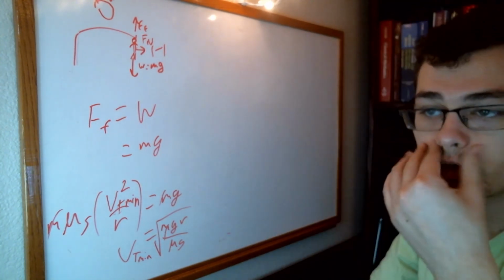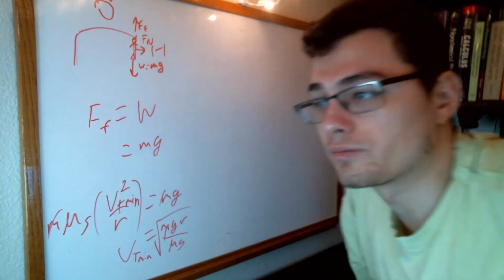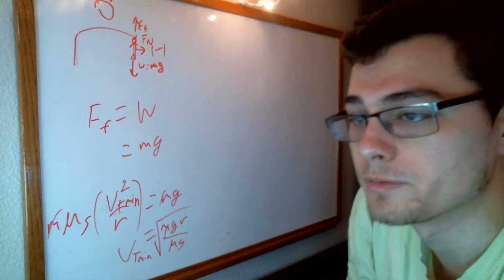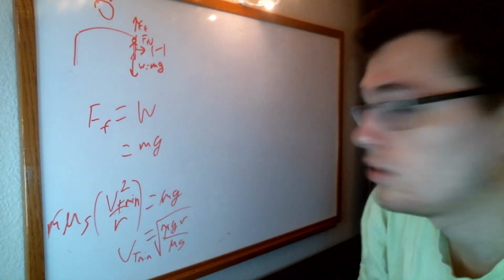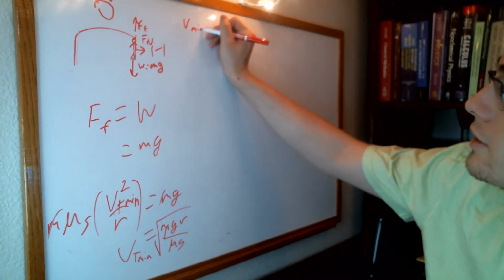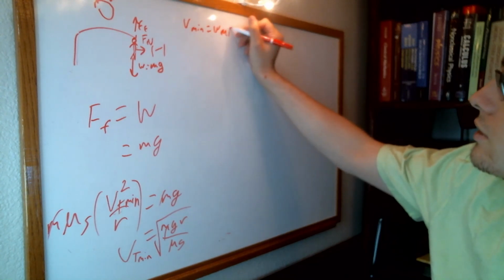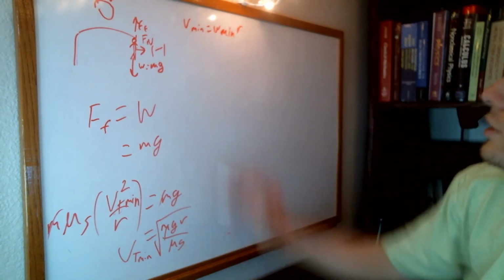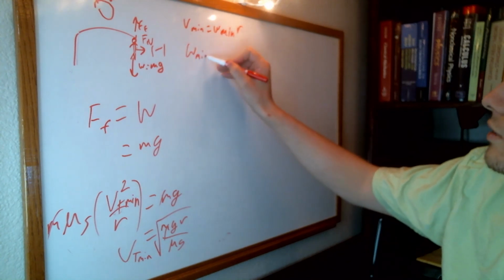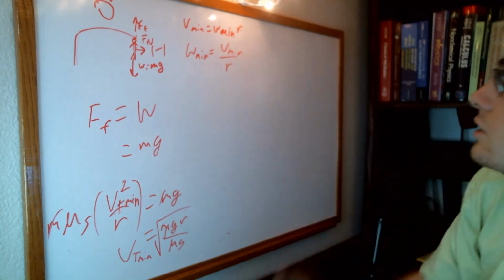Okay, so what is the frequency in revolutions per minute of the carnival ride when it's reached the minimum speed to stick to the wall? So we have V min is equal to omega min times r. So then omega min is going to equal V min over r.